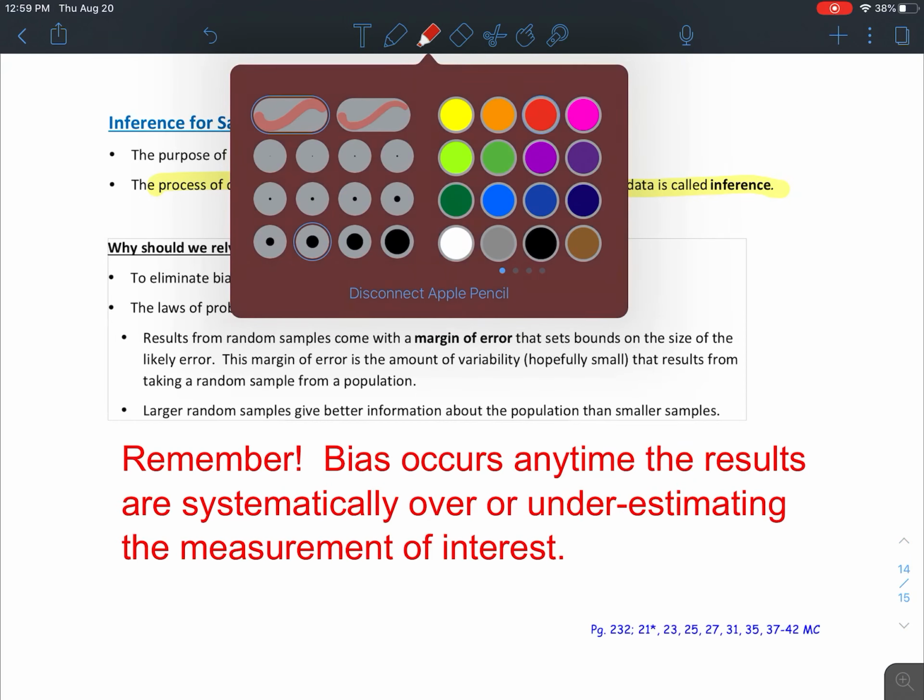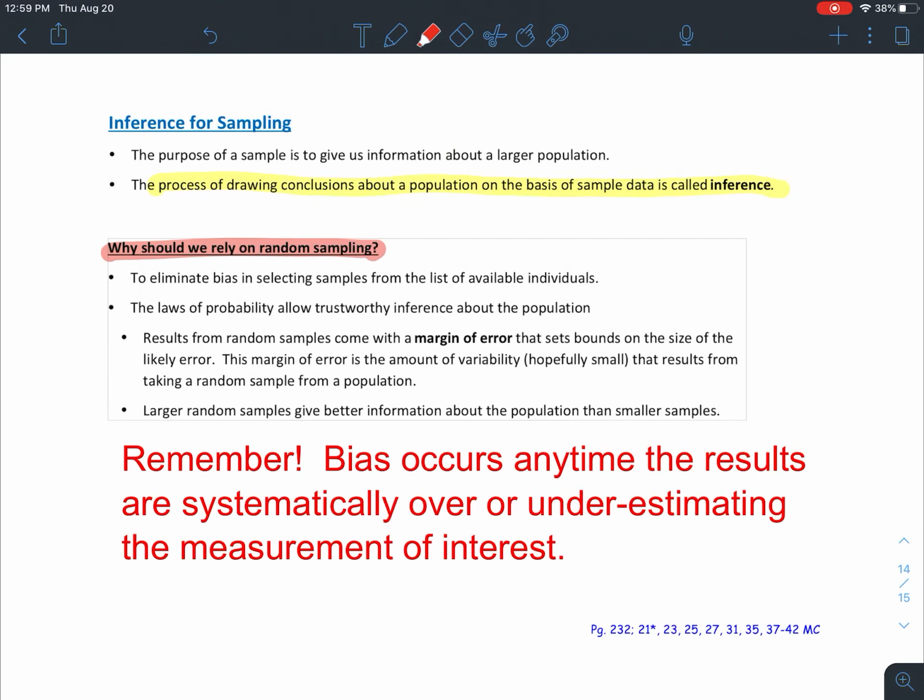Now, why should we use random sampling, which is any of these strategies: simple random sample, stratified random sample, systematic sampling, or cluster sampling? Those are all random processes to select. One huge reason is it eliminates bias from your selection.